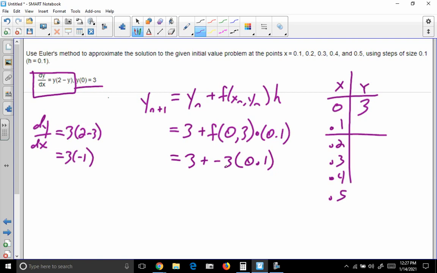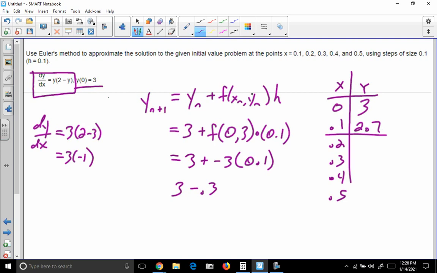So if we do 3 plus negative 3 times 0.1, that's 3 minus 0.3, and that gives us 2.7. So that's our next point. If from this point we move over 1/10 of a unit in the x direction with the slope given by our direction, it gets us to this point.